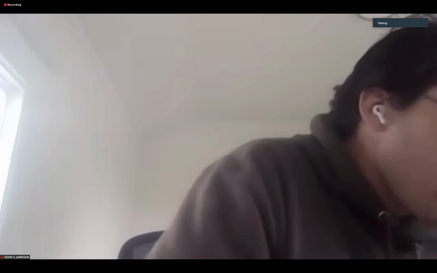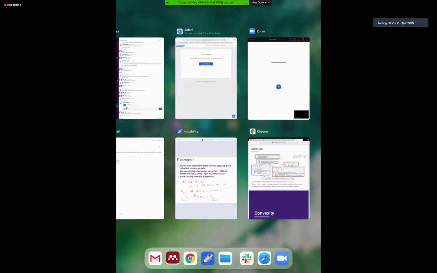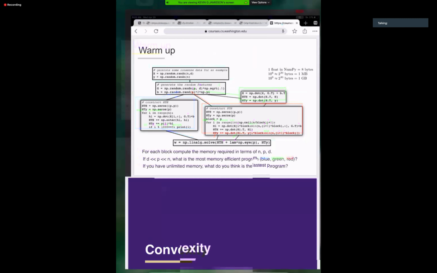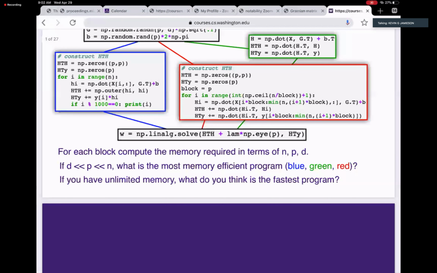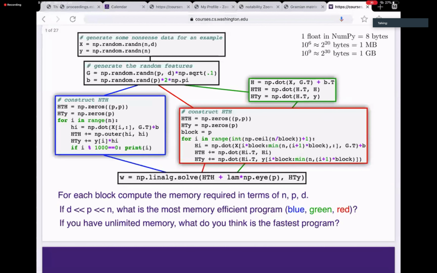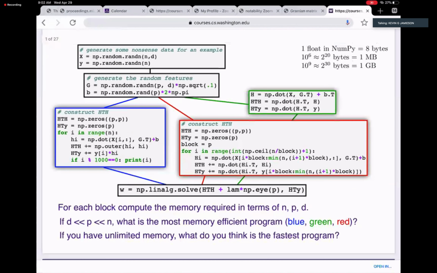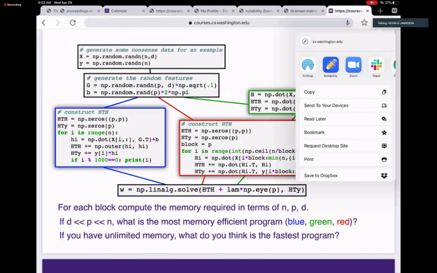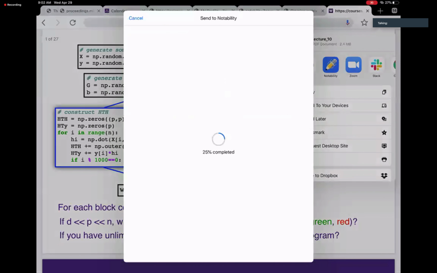Okay, so I'd like everyone to take a moment and take a look at this example I have for you here. Sorry, and these are uploaded to the website now.